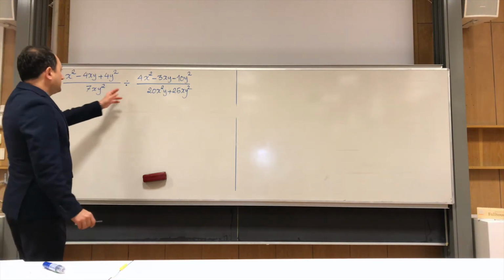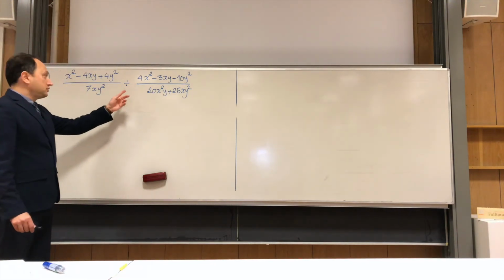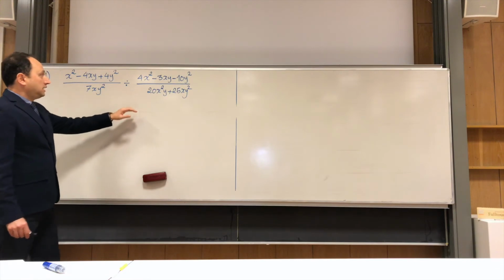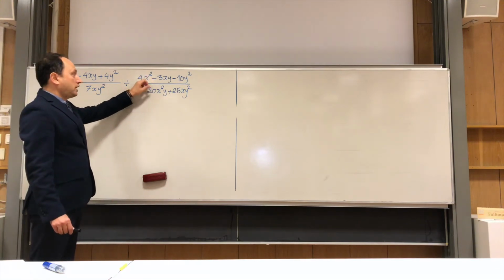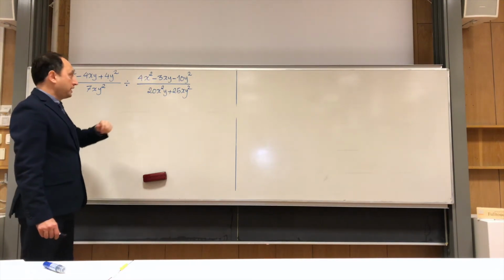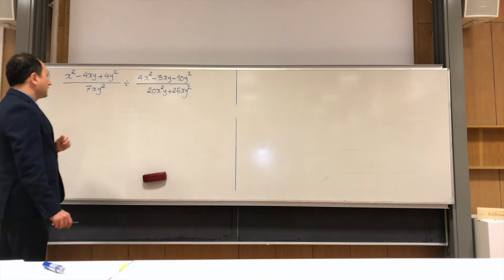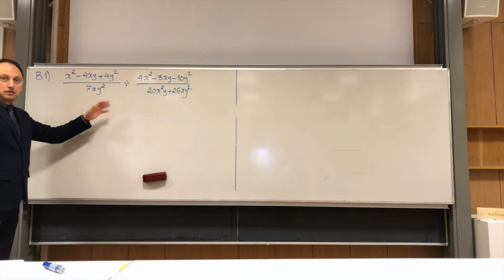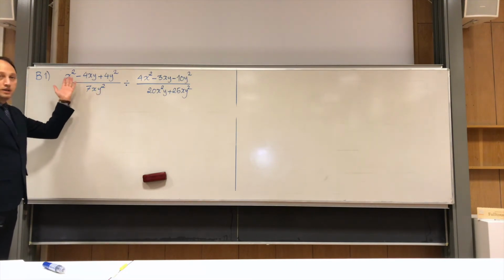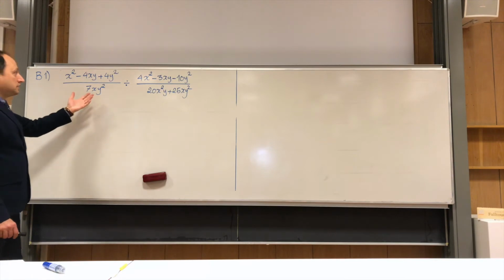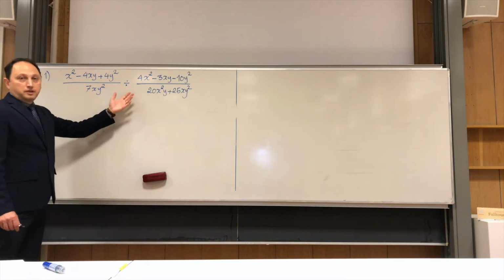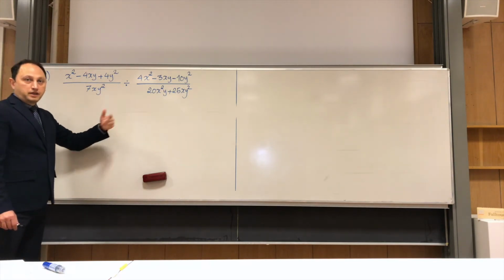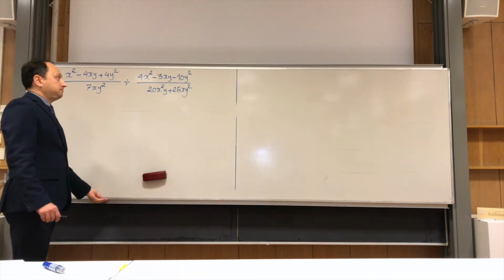Okay, so you know that this division should be turned into multiplication, and the price that we need to pay is to write the reciprocal of this fraction by swapping these two. And to save time, I can also simultaneously try to factorize them, because you know that if you want to do the multiplication properly by simplification, you need to factorize again.